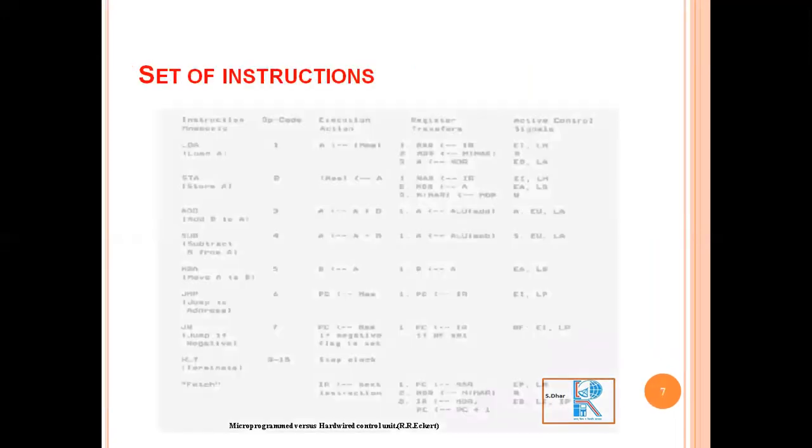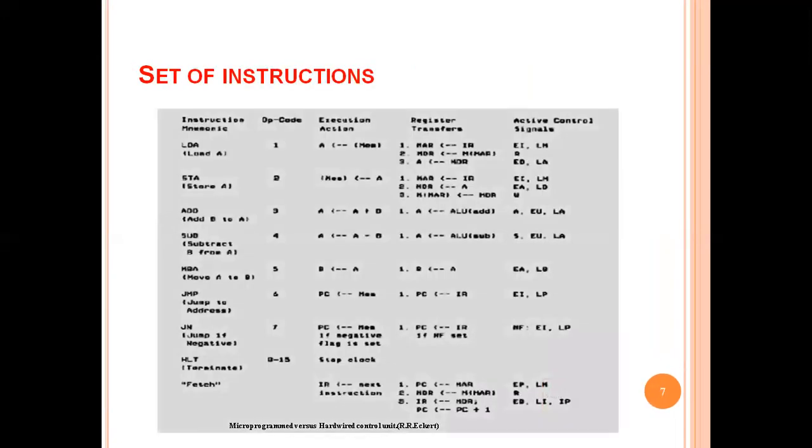Now we know that this is the set of instructions. You already know that this set of instructions is supplied by the manufacturer. Whenever you are designing a processor, you have to supply with the processor the set of instructions, which should be written in the ROM. Depending on the set of instructions, you have to write the program.